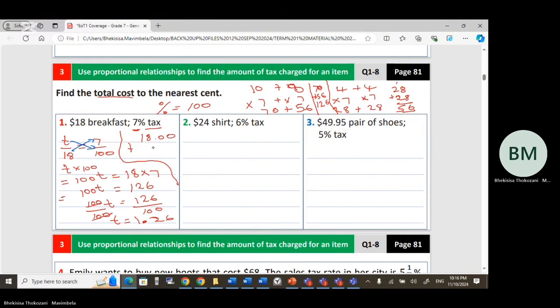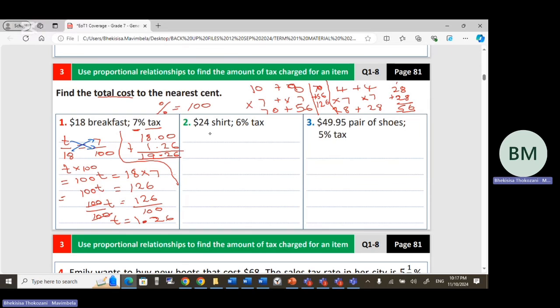Plus 1.26. Then I'm going to write my answer here. This is 6, this is 2, the decimal point, and my 9. So the answer is $19.26, right? Everything is in dollars in this question. So that is how you will do these questions.